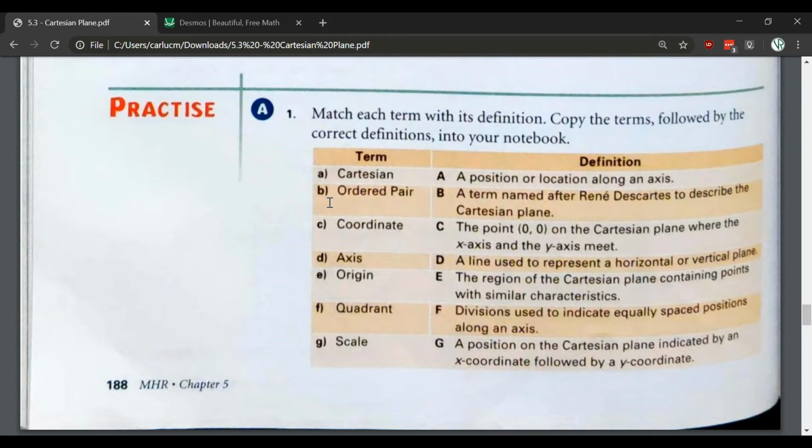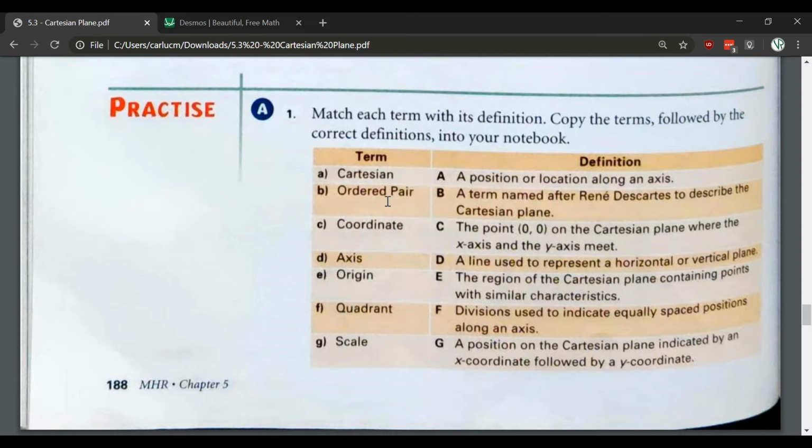A couple key ones that are good definitions to be familiar with is the term Cartesian. The Cartesian is the term named after René Descartes to describe the Cartesian plane. So when we're talking about Cartesian, we're talking about this XY grid in two dimensions.